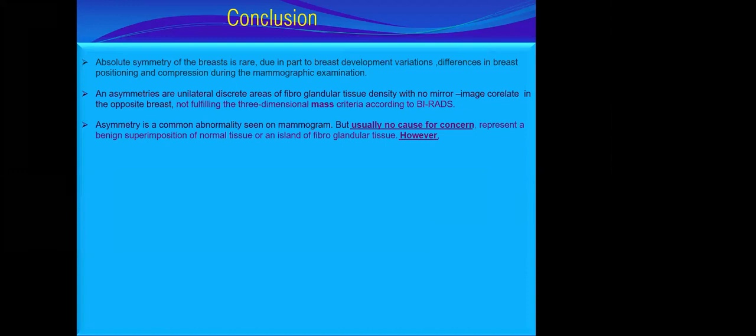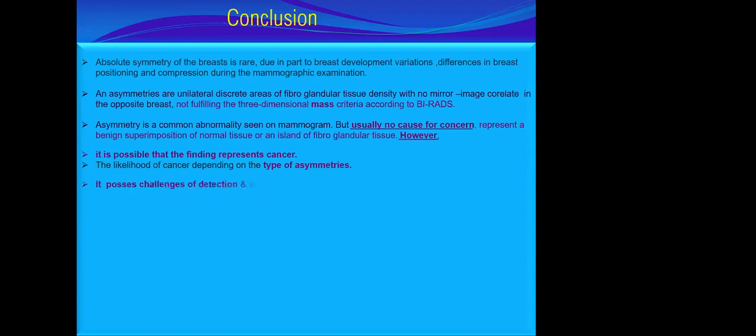Asymmetry is a common finding on both screening and diagnostic mammography, but usually is of no concern, representing only superimposition of normal tissue or islands of fibroglandular tissue. However, possible findings may represent cancers, and the likelihood depends on the type of asymmetry, usually posing challenges of detection and interpretation. Why?